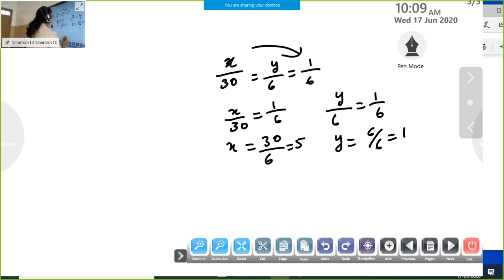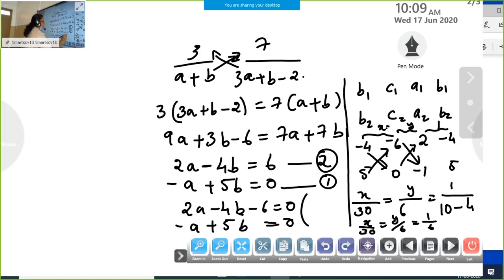Last we change it back. That implies a is equal to 5 and b is equal to 1.